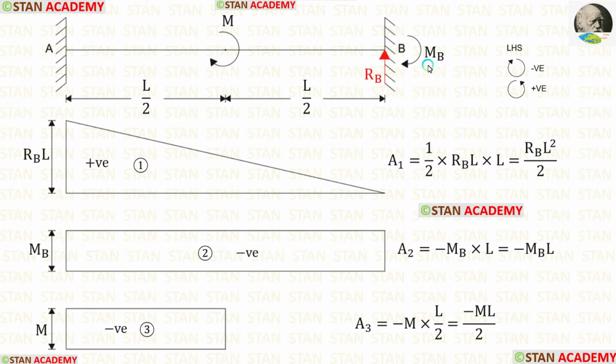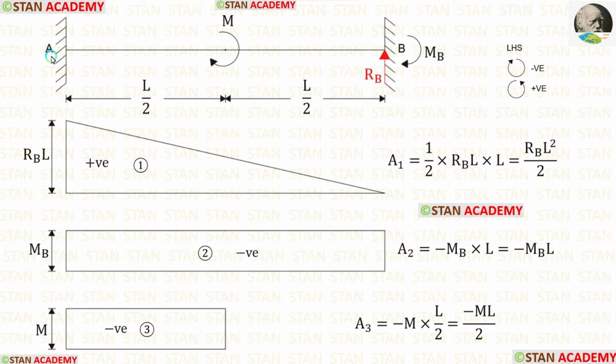Let us assume that MB is acting in the anticlockwise direction and RB is acting in the upward direction. When we get the values of RB and MB, if we get positive values, our assumptions are correct. If we get negative value, that means our assumptions are incorrect.